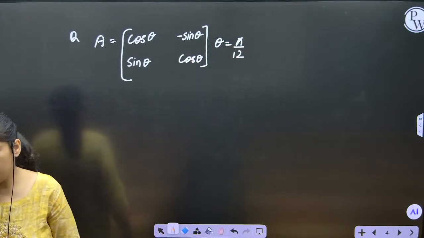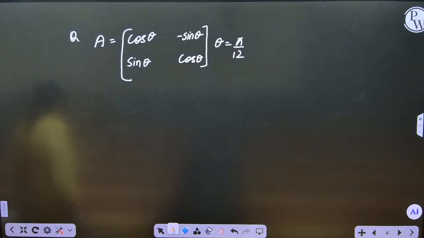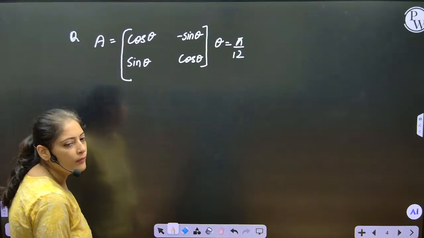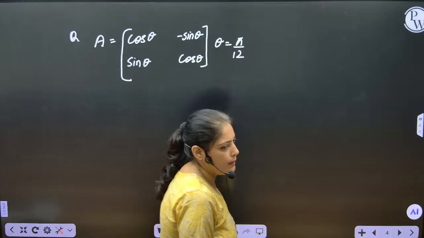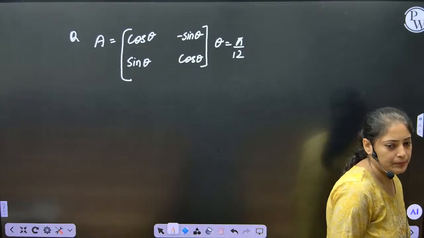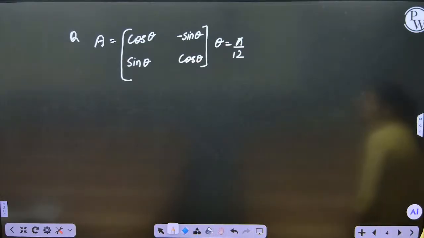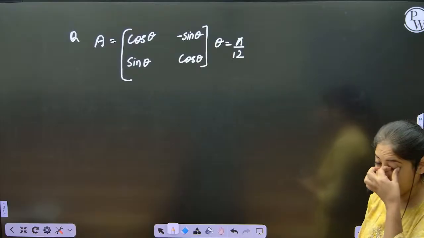Pi by 12 means what? Pi means 180. 180 divided by 12 is nothing but 15 only.